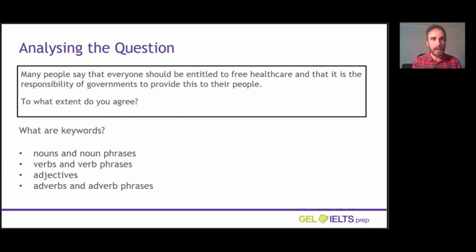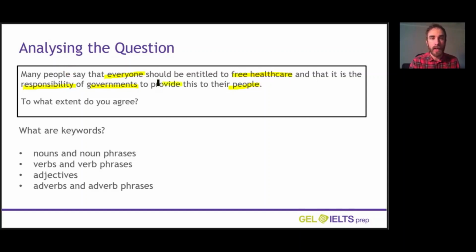So let's have a look at the nouns. We have people say that everyone should be entitled to free healthcare and that it is the responsibility of governments to provide this to their people. The phrase, many people say that, is just a way of introducing the argument. Any useful verbs?